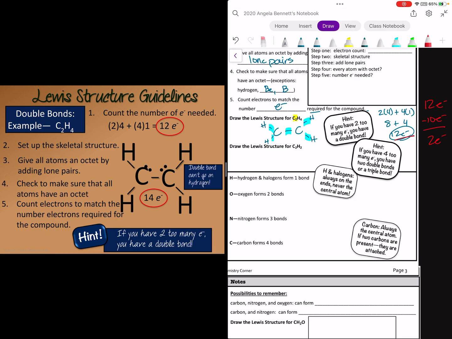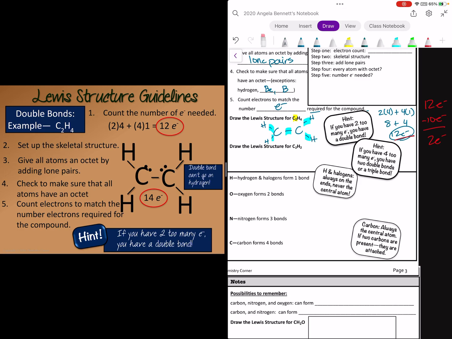So if I give them to this carbon here, then he is happy, quote unquote happy, because he has 8 electrons. But the other carbon on the right only has 6, so that won't work. And so if I take those away, what happens if I put them on this carbon? Also, carbon on the right is happy now, but carbon on the left is not.